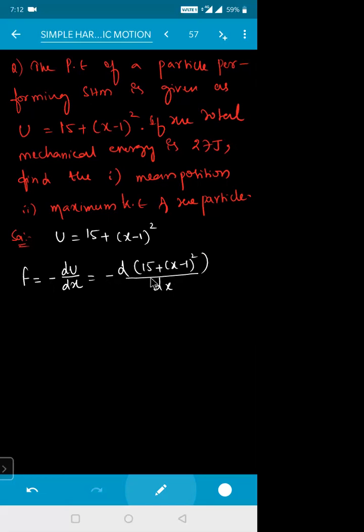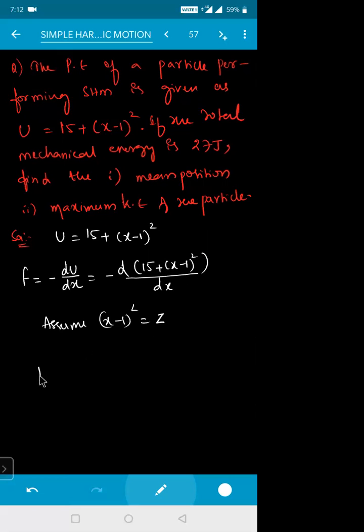Differentiation of 15 is 0. How do you differentiate (x minus 1) whole square? Assume the chain rule. Assume x minus 1 is equal to some z, so this will be 15 plus z square.